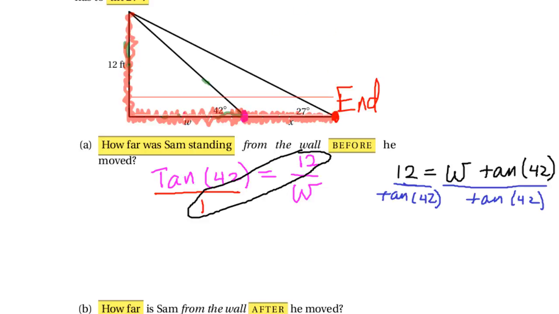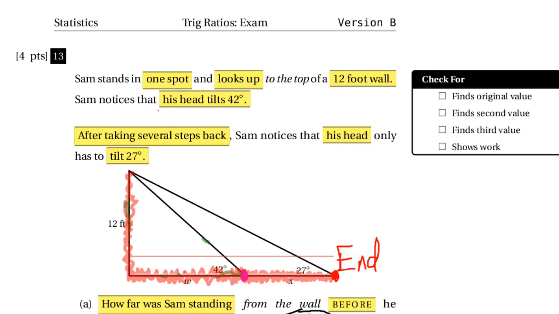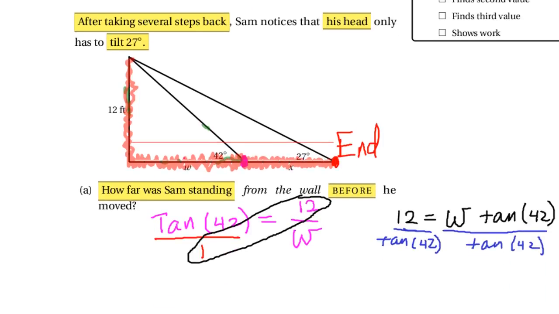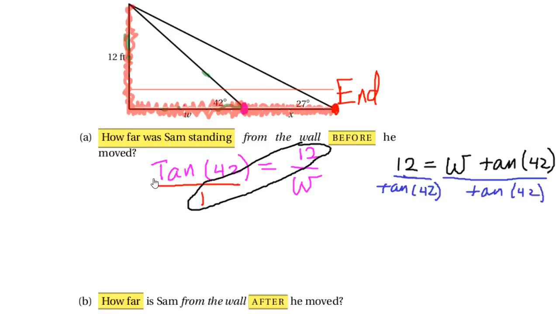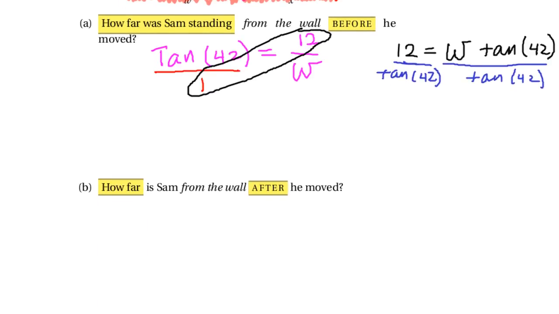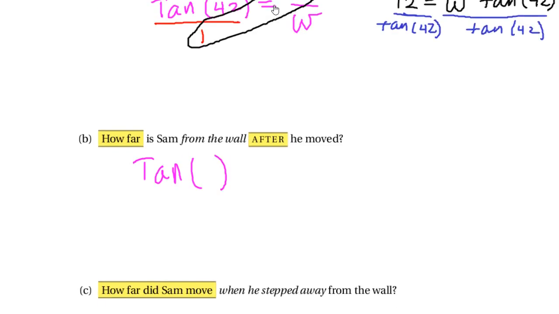So taking a look here, I can see for the larger triangle, this bottom part right here, that's horizontal, that's going to be the adjacent side to the 27 degrees, and 12 is going to be the opposite side. So knowing that, I'm dealing with adjacent and opposite again. So adjacent and opposite means that it's still a tangent problem, but this time, instead of it being 42 degrees, if I look up here, I see that it's 27 degrees.